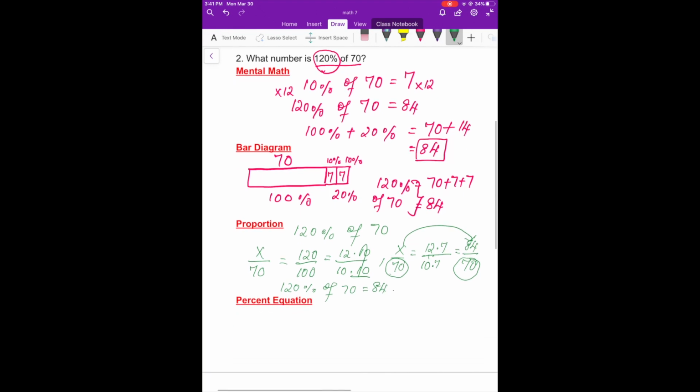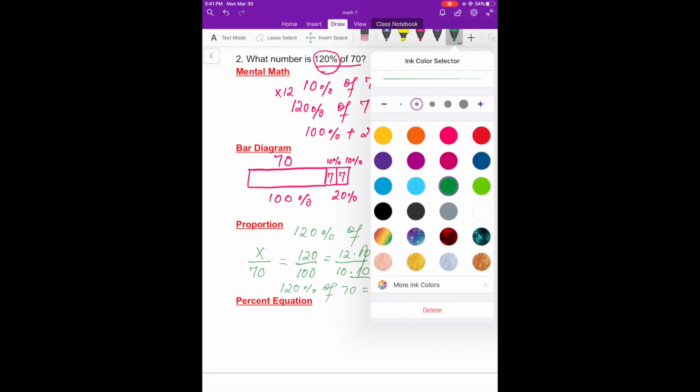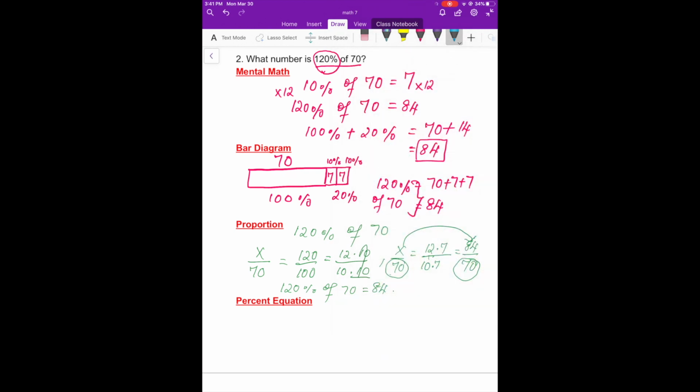And the last method is percent equation. In percent equation, you can just multiply the percent by the number. So percent equation is, let's look at this, 120% of 70, and in math "of" means multiplication, and 120% you can either write as 120 over 100, or you can write the decimal form, which is 1.2.